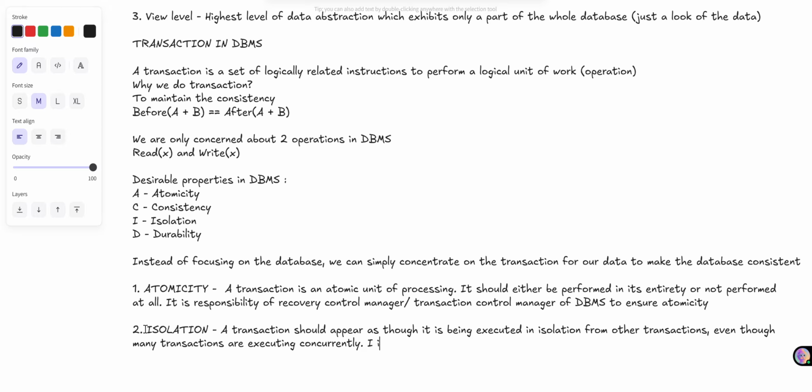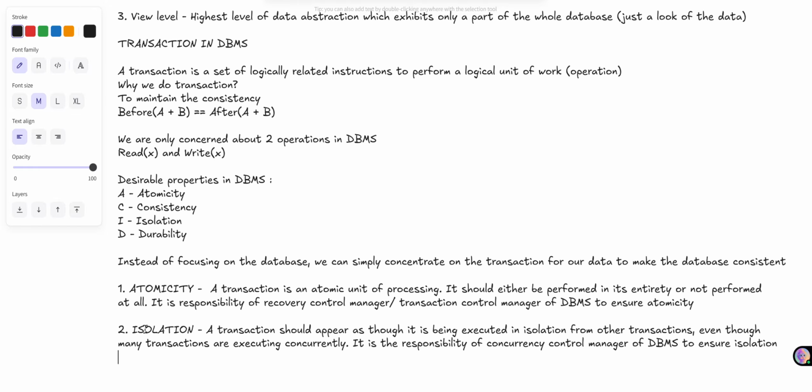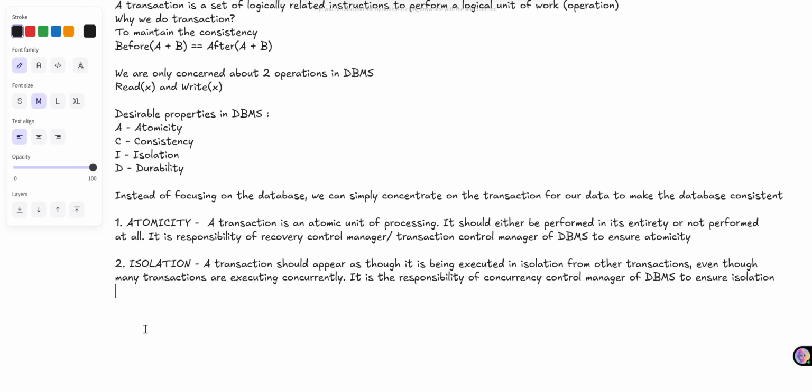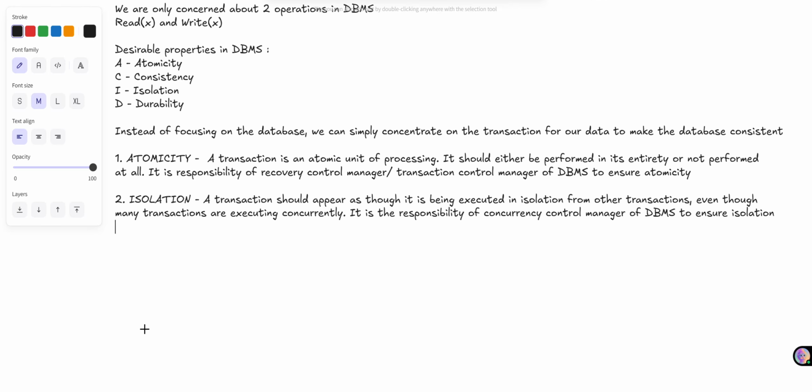It's the responsibility of the concurrency control manager of the DBMS to ensure isolation. I already gave you the example of IRCTC, so I don't think I need to give you one more example.